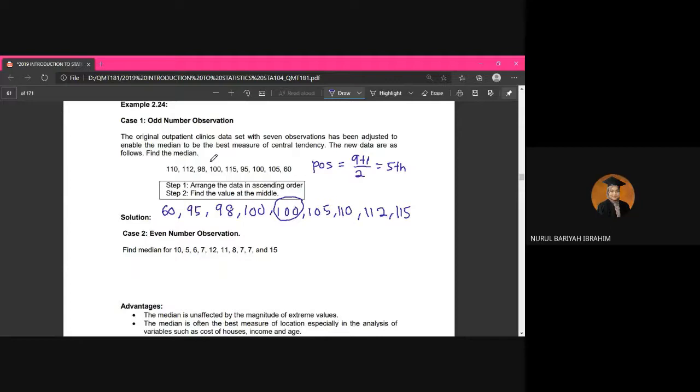So we can say that 50% of the patients having the blood pressure value less than 100, which is the median value, while another 50% of the patients having a blood pressure value more than 100. Okay, so that is the way you interpret the data.